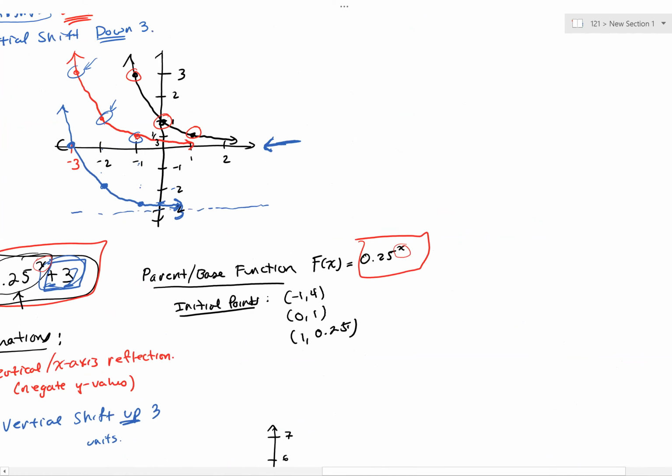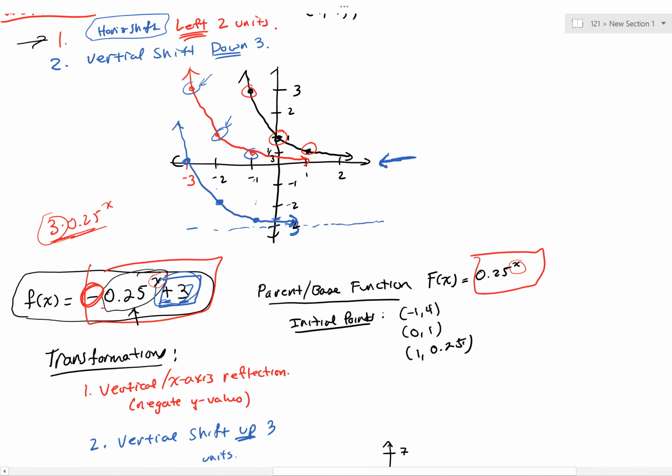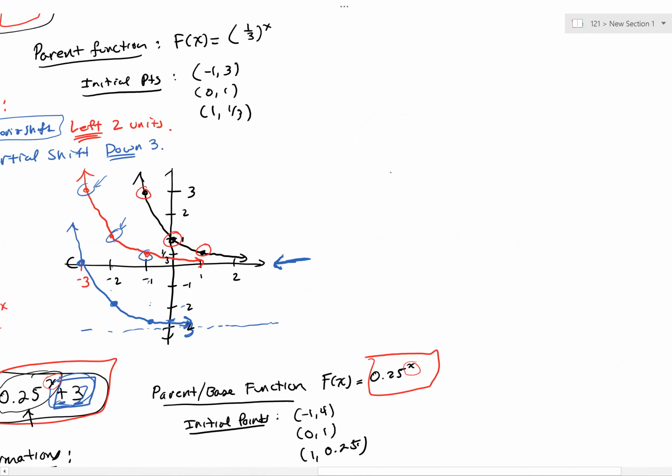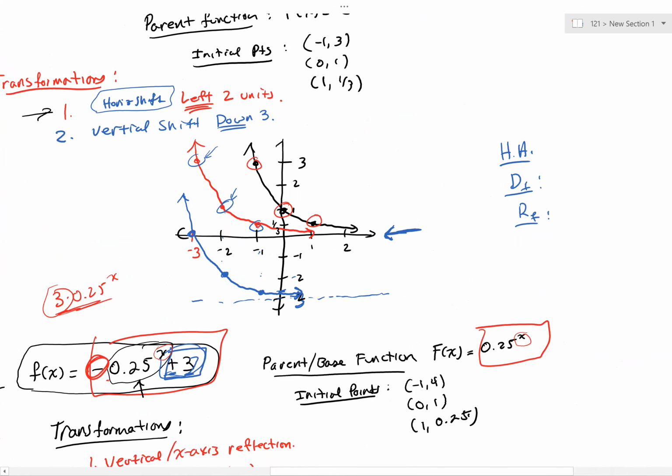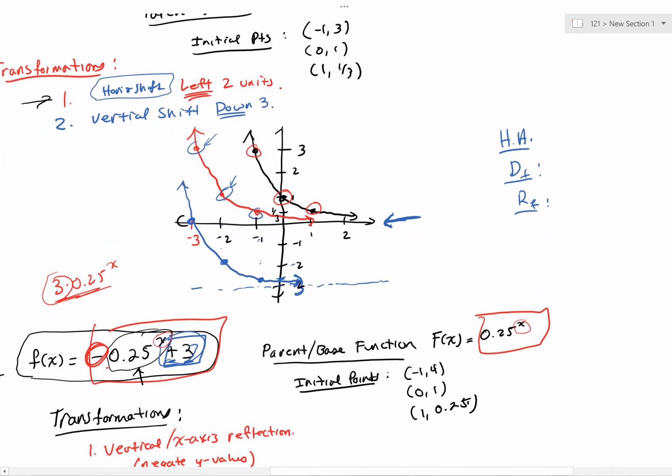For the third function, let's just look at its graph. There you go. Let's look at its horizontal asymptote, its domain, and its range. Here we also saw, because there was a vertical shift, the horizontal asymptote did change.